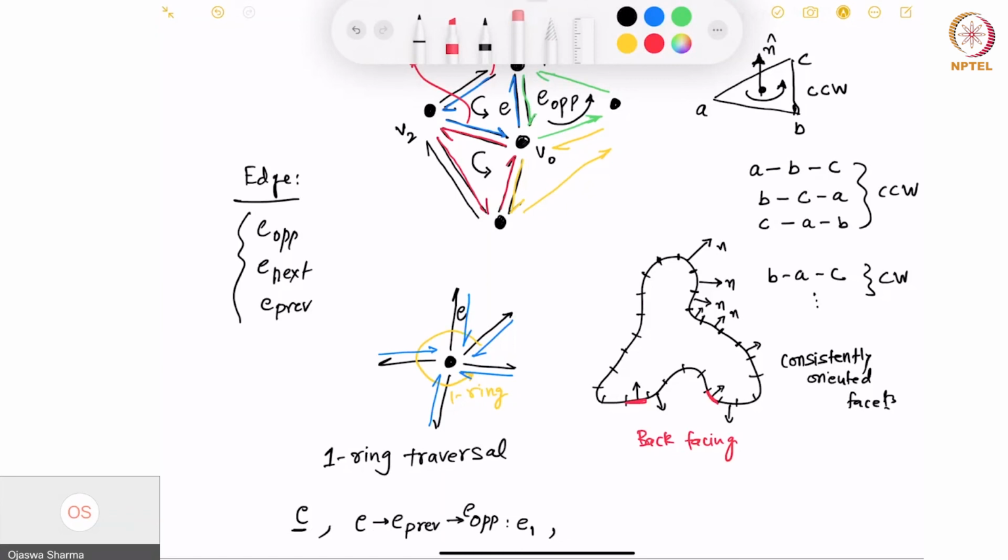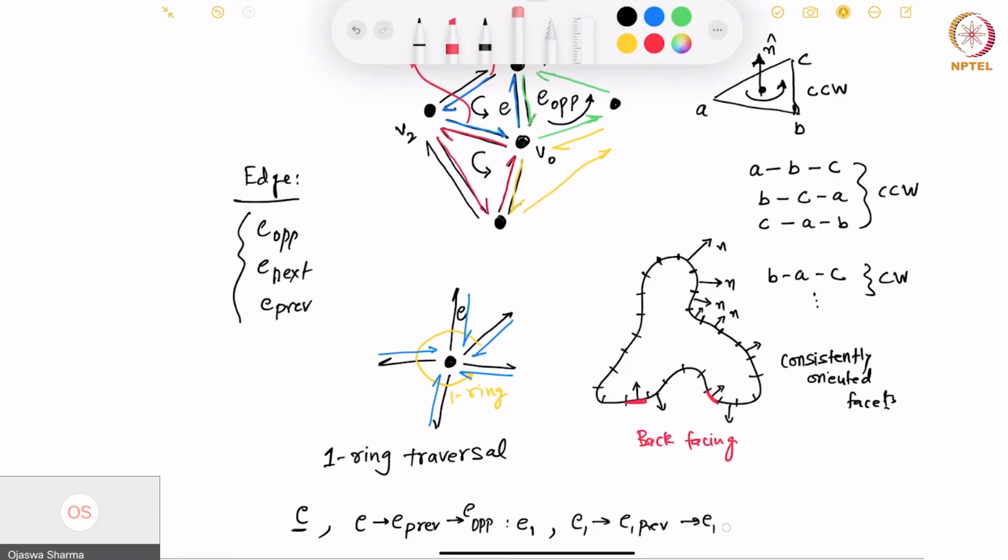And once you have E1, you do the same. You go from E1 to E1 previous, and then E1 previous opposite. I hope you get the idea. Do you understand that you go from E to E previous and then opposite on that E previous? I'm using this shorthand notation here.